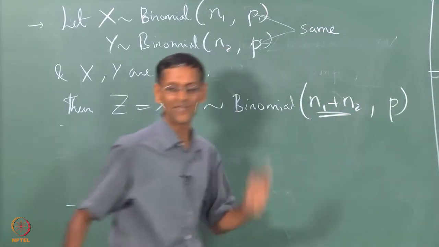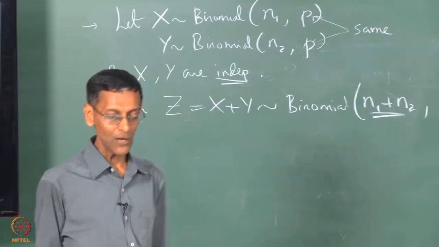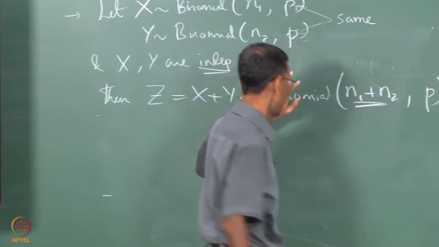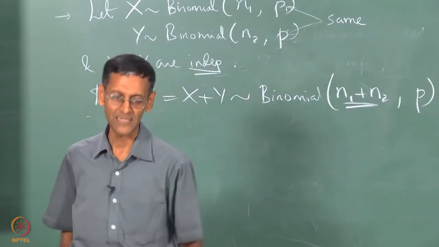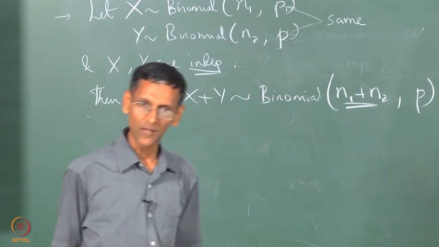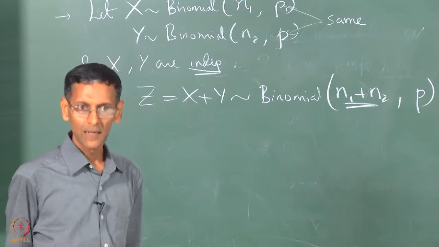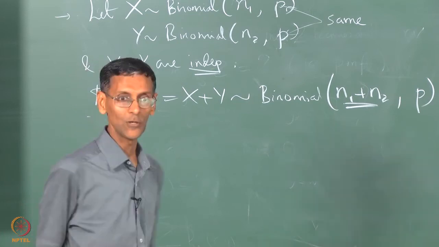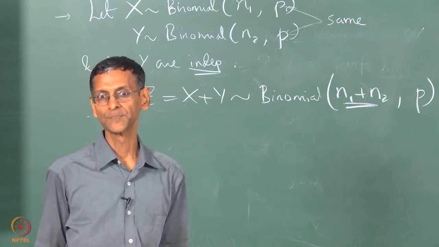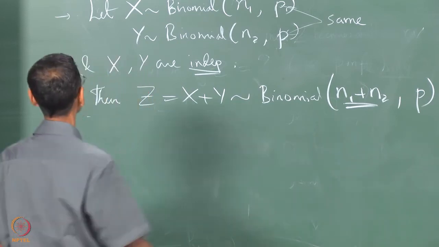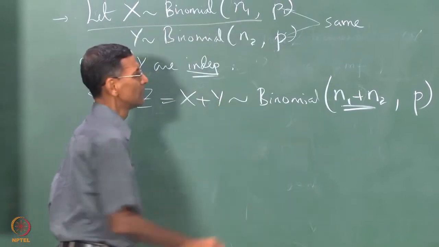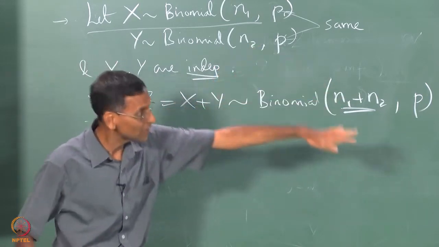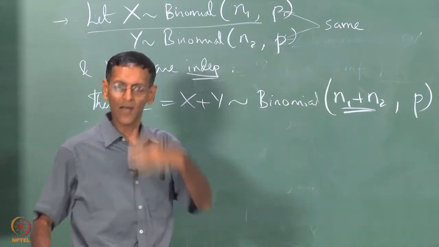Now this result can be obtained using convolution, just to make sure. But let me not do the convolution for the binomial case. I will instead do it for a related PMF, the Poisson, where I don't have two parameters, I have only one parameter for the distribution. So keep the binomial aside; to prove it formally using convolution, I'm going to leave it to you.